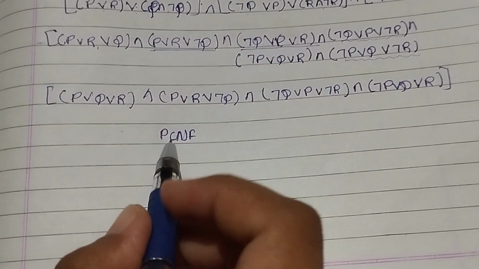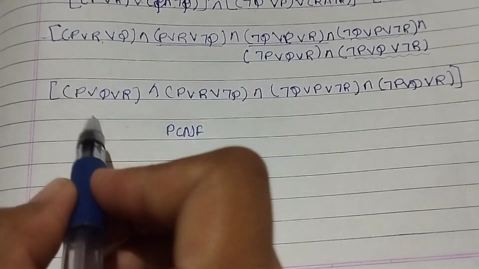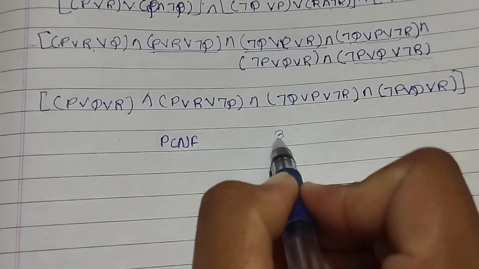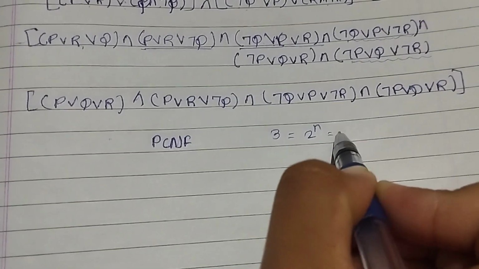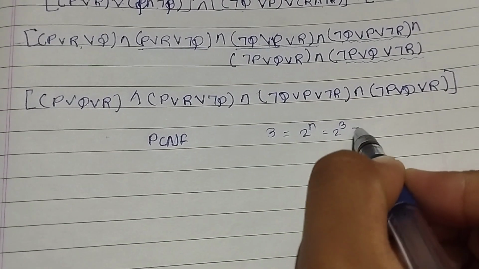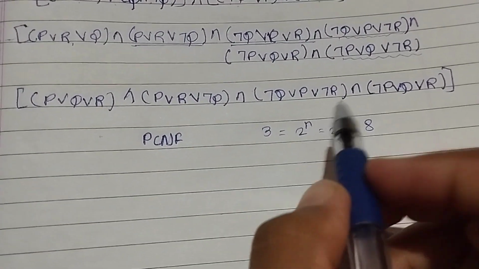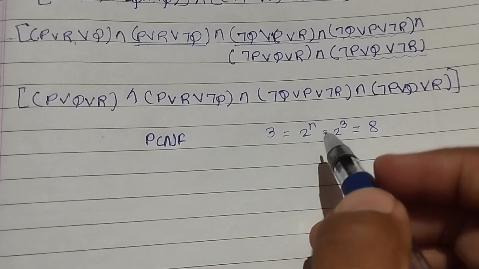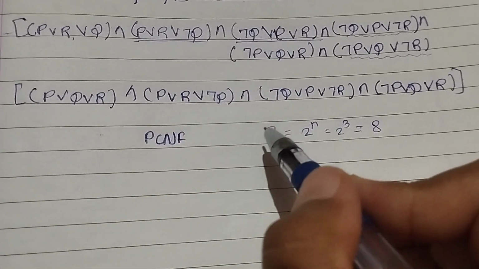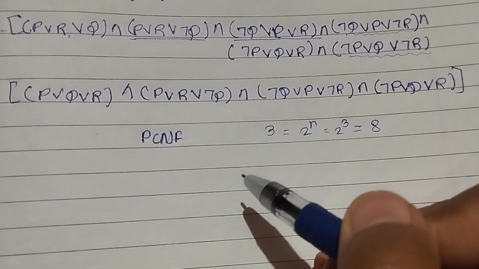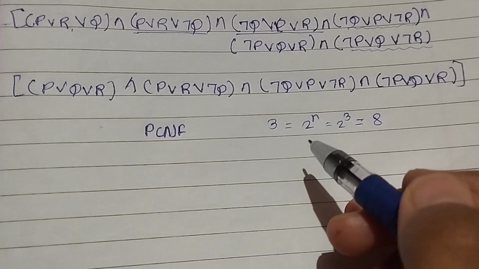Now we know PCNF, PDNF, min terms and max terms: if the variables are three, then a total of 2 raised to n, that is 2 raised to 3, which is 8, min terms or max terms are possible. So PDNF and PCNF together form 2 raised to n brackets.